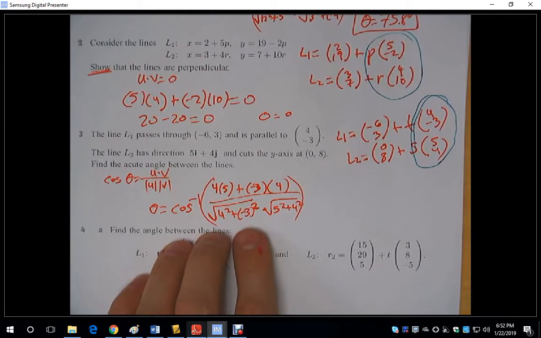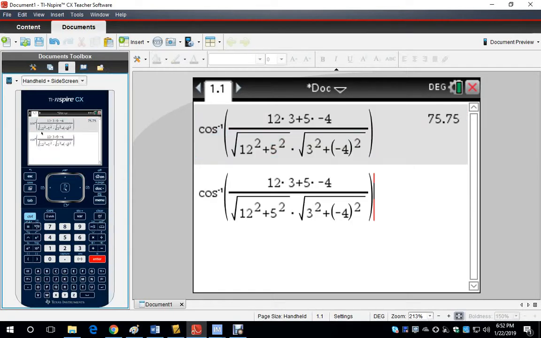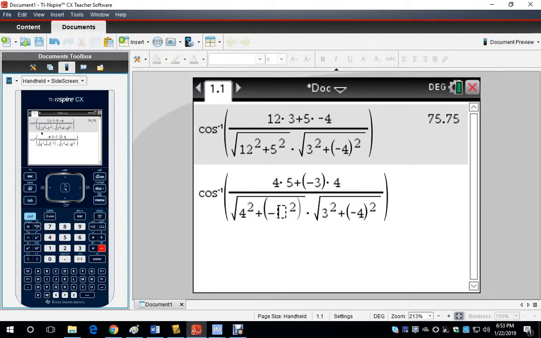I'm going to throw all these into my calculator again. I'll enter 4 times 5 plus negative 3 times 4, all over the square root of 4 squared plus negative 3 squared, times the square root of 5 squared plus 4 squared.